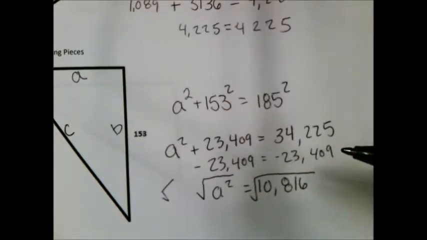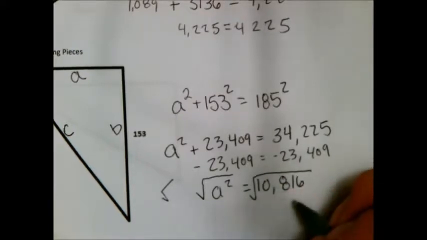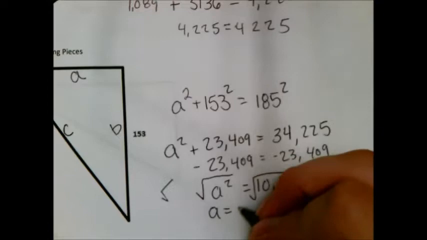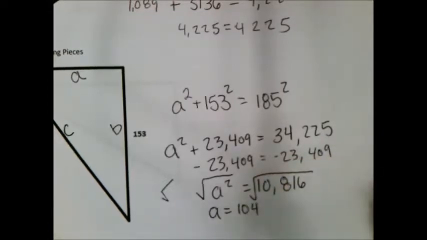So we're going to figure out what the square root of 10,816 is. We take the square root of that, and you should get A equals 104. So we know our missing side is 104.